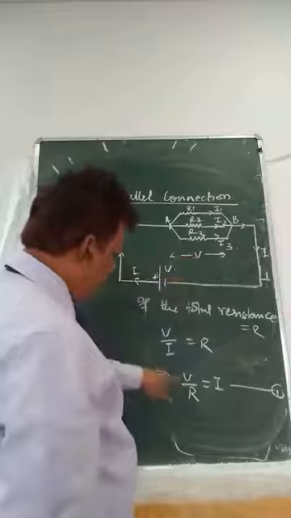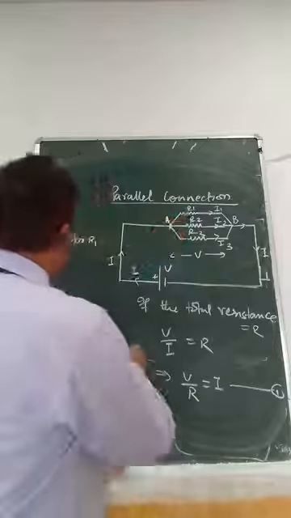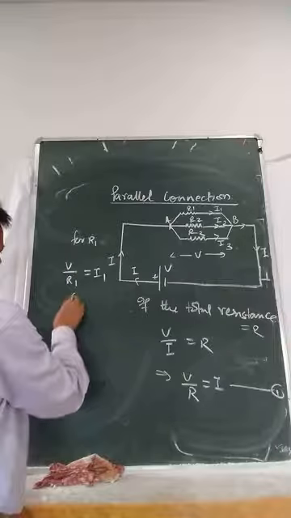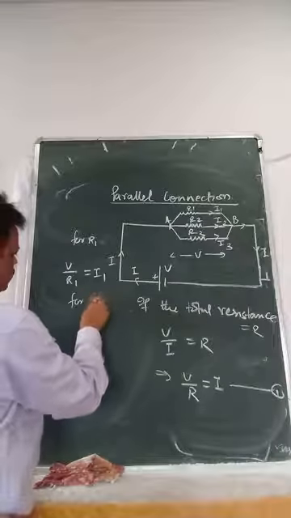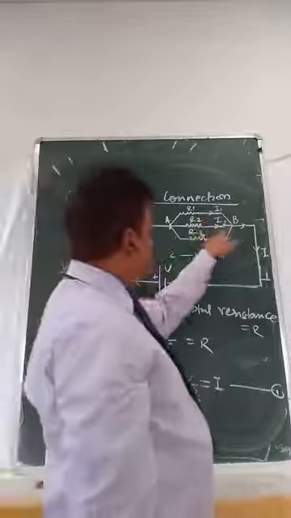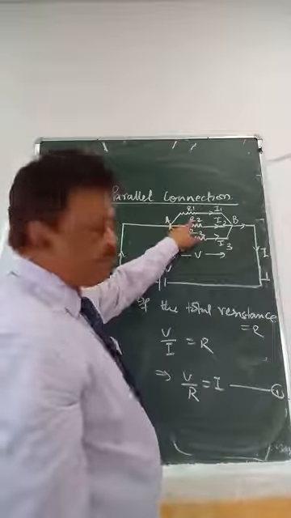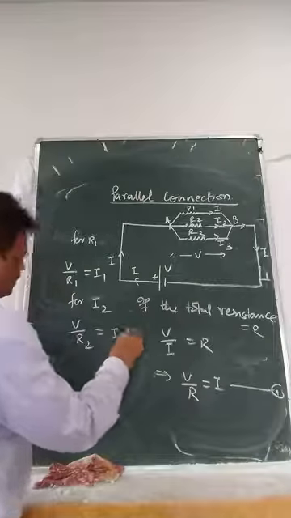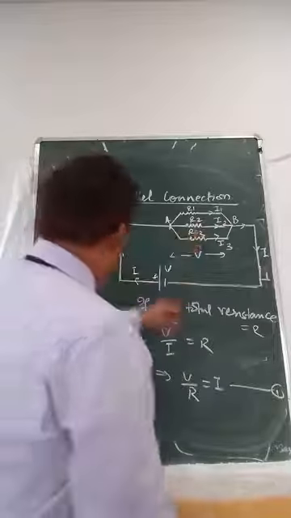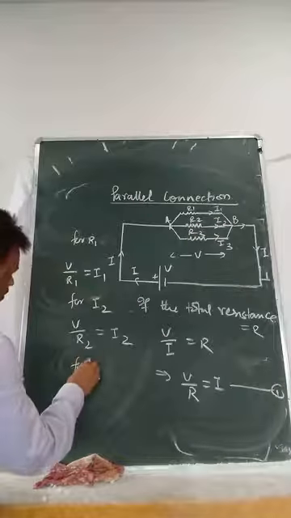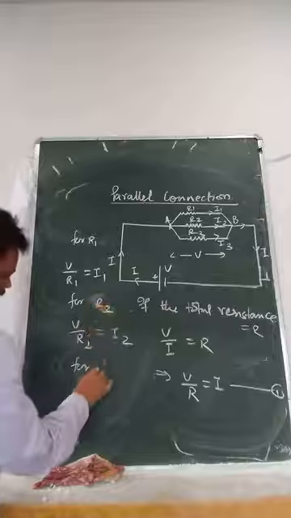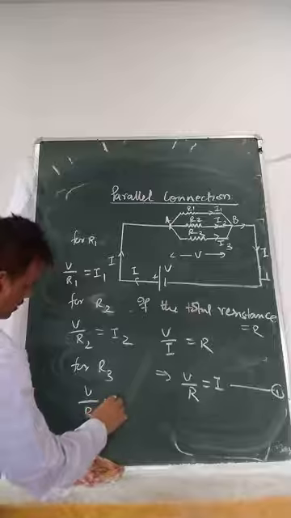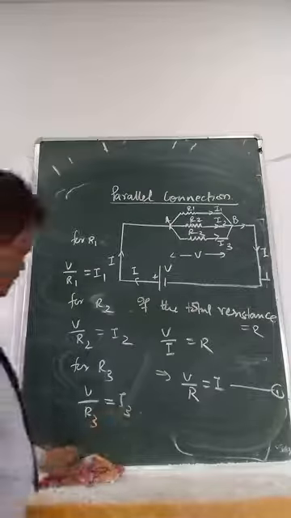So V by R1 equals I1. For R2, V by R2 equals I2. And V by R3 equals I3. Okay now?